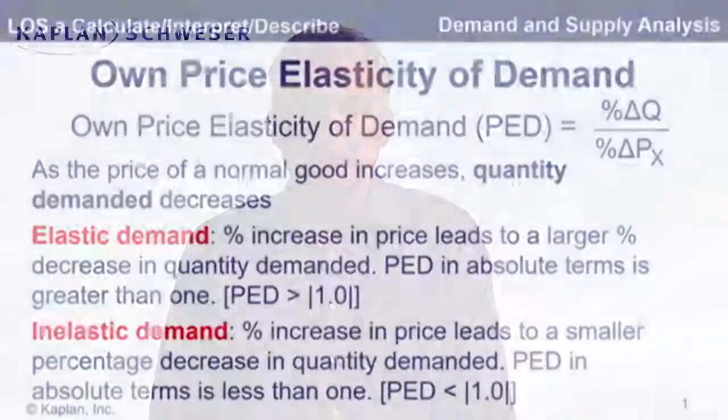So whenever you see those straight brackets, ignore the negative. So we will say we have elastic demand if our price elasticity of demand in absolute terms is greater than 1. Really what we mean, ignoring those absolute terms, is it's less than -1. But that's a pain to keep having to say. So we'll talk about absolute terms, it's greater than 1.